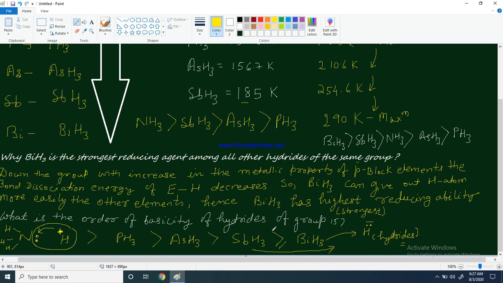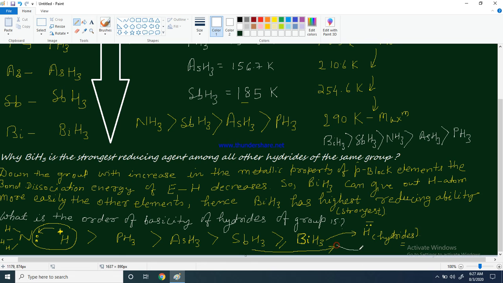And they have very little tendency of accepting H plus, since the central metal ion like bismuth is metallic in nature, so they don't prefer to accept H plus, rather they prefer to give out H minus. So they have high reducing ability and low basicity.